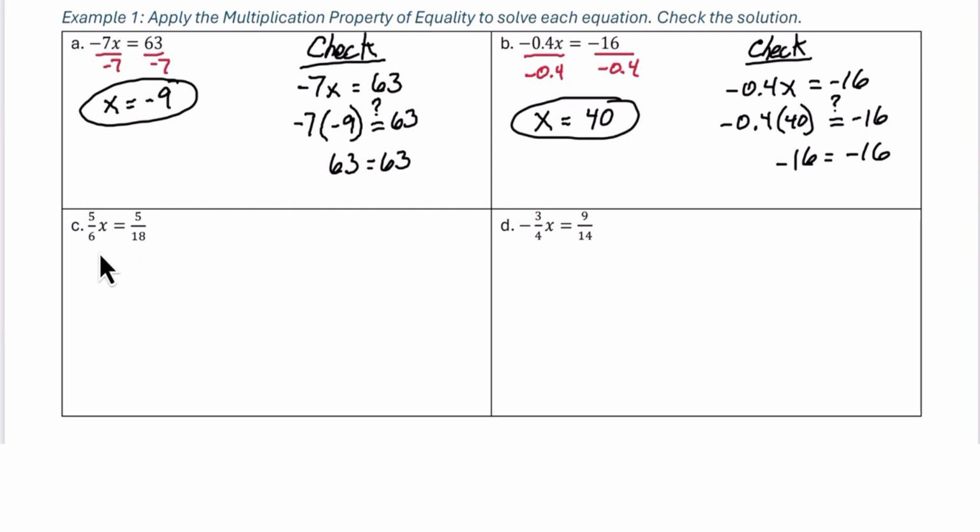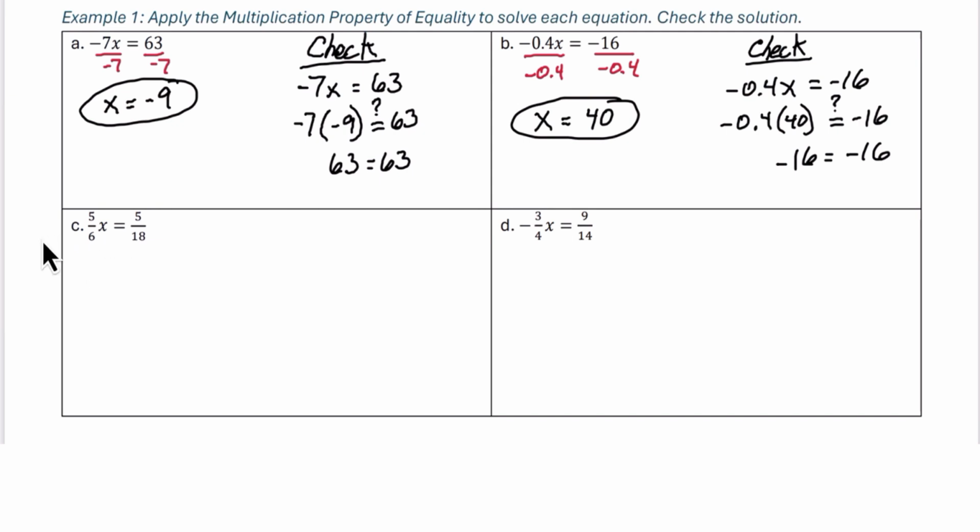In the next example, we have a fractional coefficient. Notice we have fractions on both of these examples, C and D. There are two approaches that we can take to solve these, and it doesn't matter which one you use. I'll show both techniques. First, we have 5/6 times x.